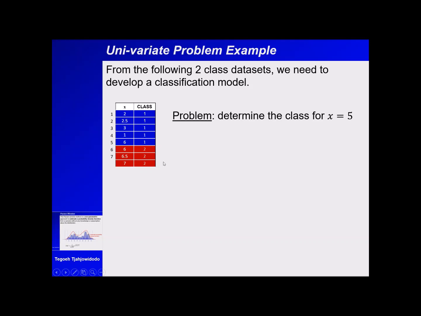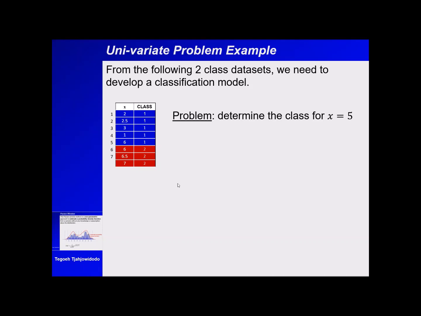Saying that small x is class 1, large x is class 2. It's a very simple classification actually. There is one value of 6 here that sometimes is classified as class 1, sometimes classified as class 2. So I'm not really sure. Perhaps this might be some uncertainty in our data set. This might happen in your data.